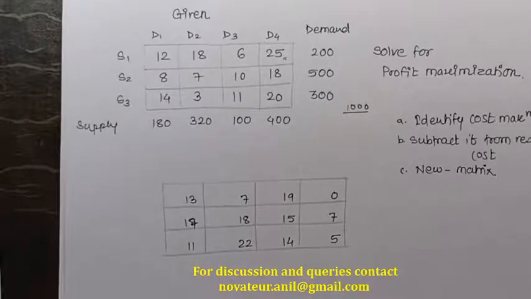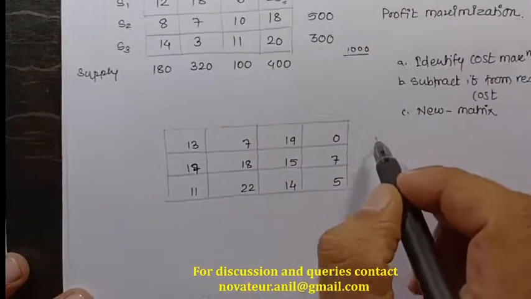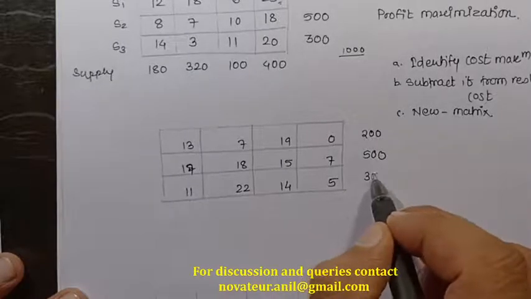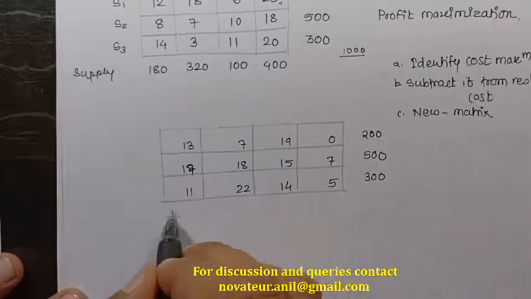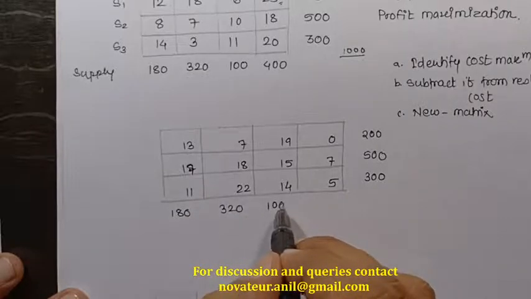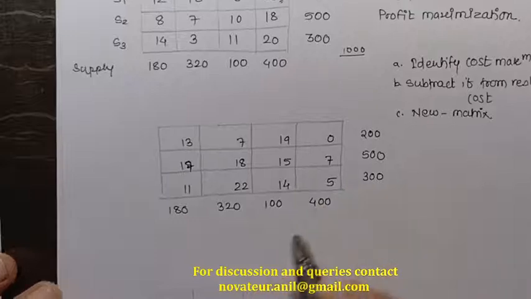Now I'll put the same values, that is, supply is 200, 500 and 300, and on the demand side I'll put 180, 320, 100 and 400. So this is my new matrix that is available.